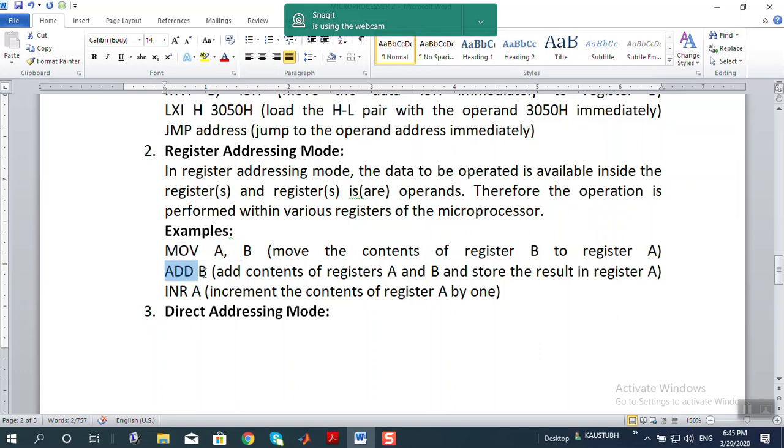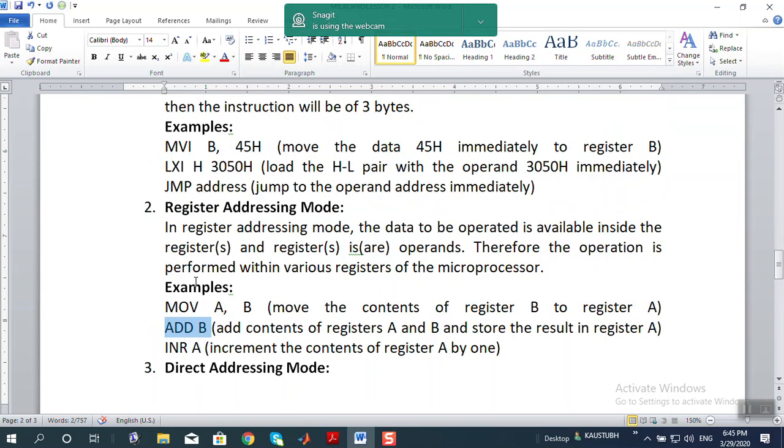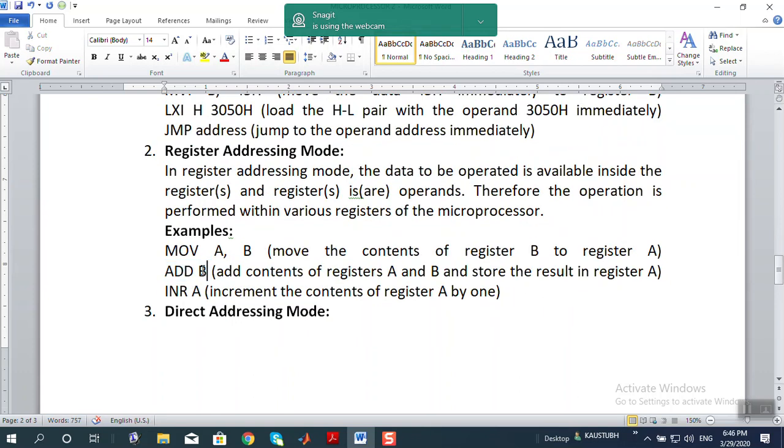Similarly, ADD B, another instruction I already explained. To perform any arithmetic or logic operation, one of the operands must be in the accumulator.